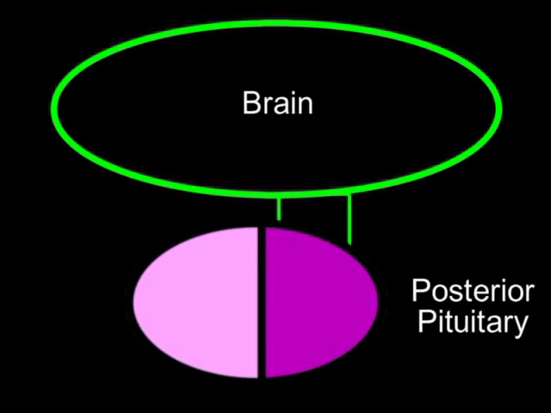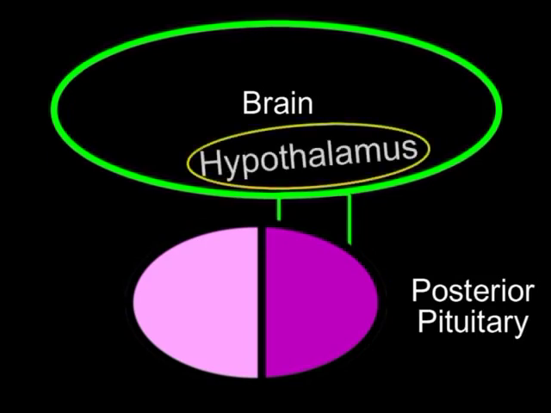The posterior pituitary gland is the portion which comes from and retains a direct connection with the base of the brain. The hormones of the posterior pituitary gland are actually produced in the hypothalamus of the brain. From the hypothalamus, the hormones are delivered to the posterior pituitary gland, where they are released into the bloodstream.